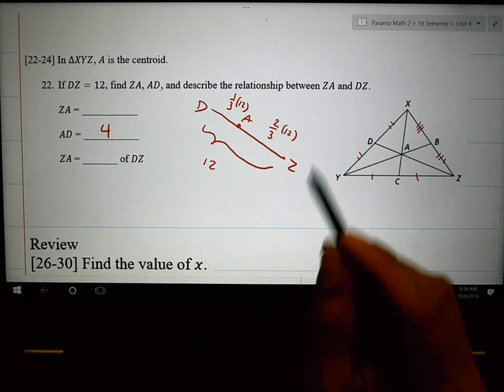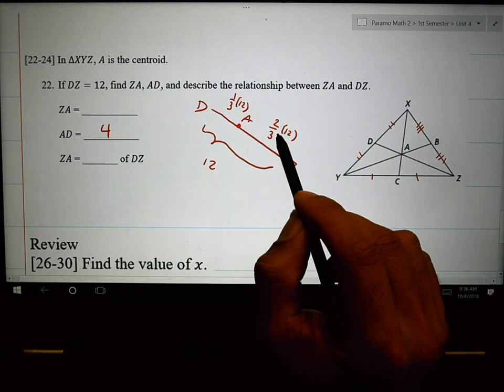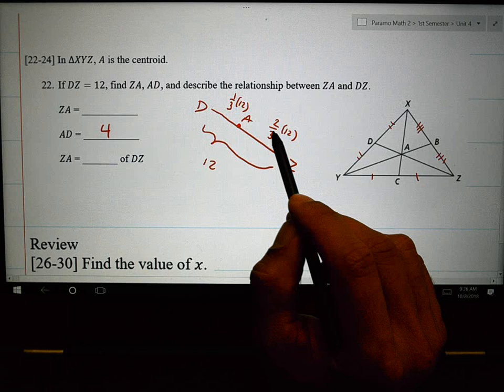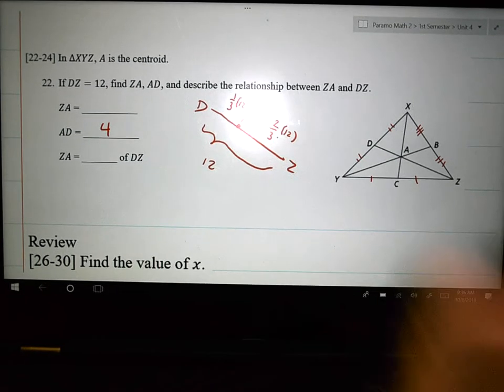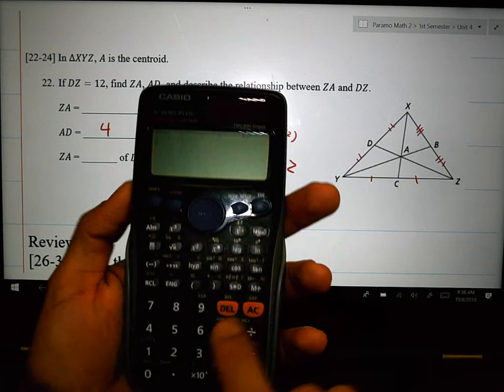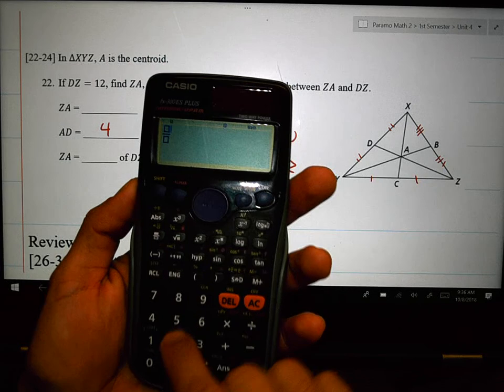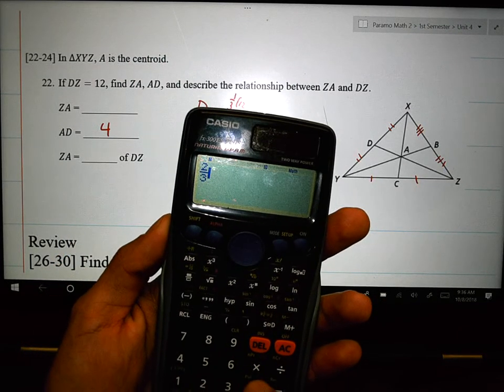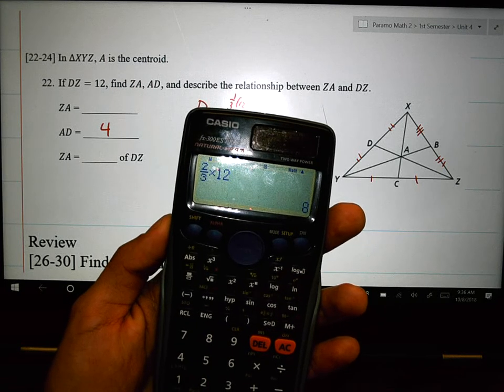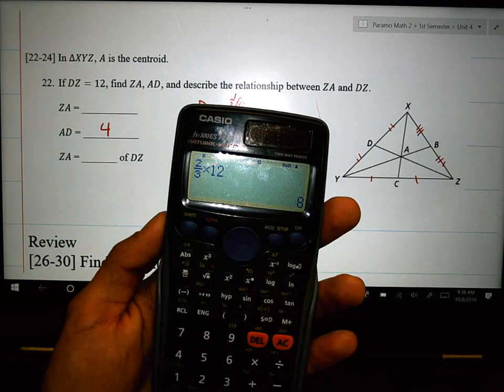Now, if you are not good with fractions, use your calculator, because calculators can do the fractions and multiply by that number. I'll give you an example. If I'm doing 2/3 times 12, I literally can press the fraction button. 2/3 times 12. And I can figure out what it is.